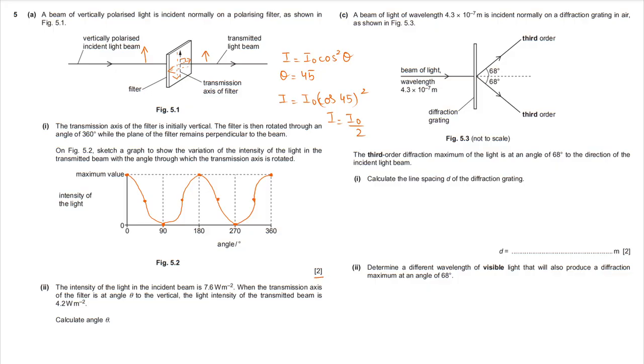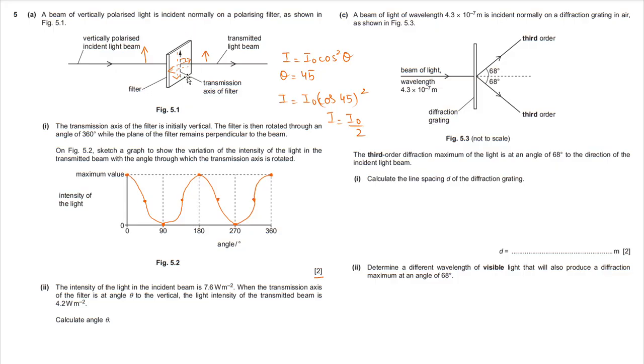So basically, we have a beam of vertically polarized light. When the filter is vertical, since the polarized light is also vertical, all of the light will be able to pass through. So at zero angle, it will have a maximum value.